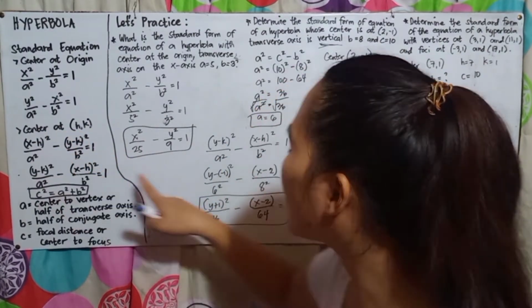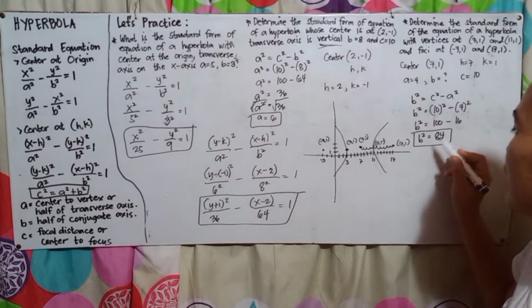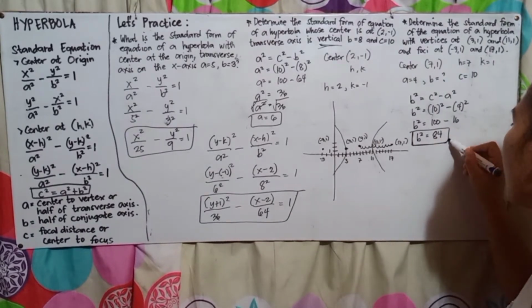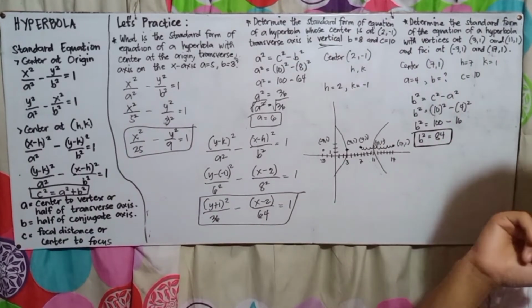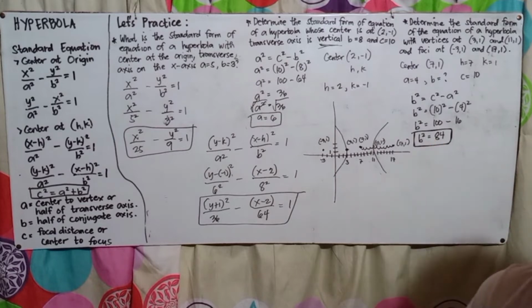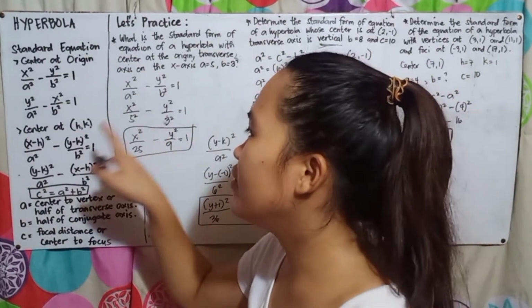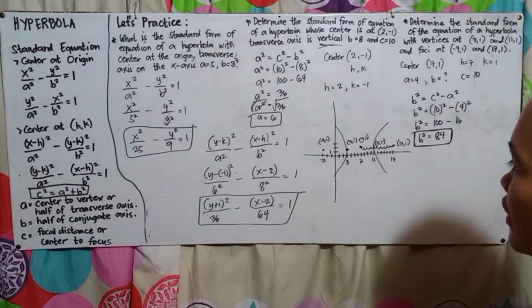So we stop at b squared and substitute it into the standard equation.